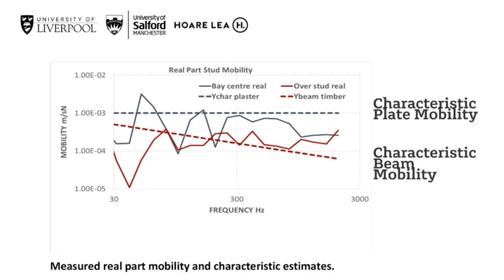And for the stud part, which is the dark red line, you've also got a dashed red line, which is the characteristic mobility of the beam from the equations that we saw in the earlier slides. It matches very well with the characteristic mobility of the beam, and also within a decade in most of the frequency range.